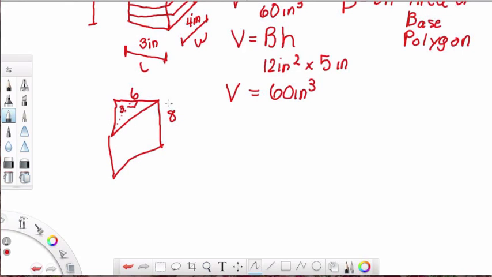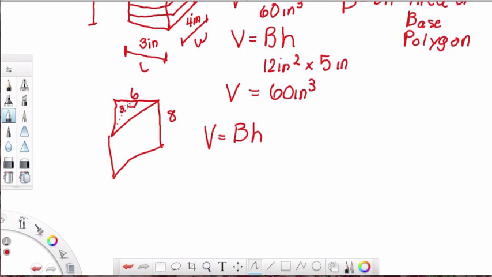Okay, so we say that volume is equal to the base, big B, times the height. Now this big B, once again, stands for the area of our base polygon. This is a triangular prism. What's a triangular prism? You take triangles and you stack them on top of each other.